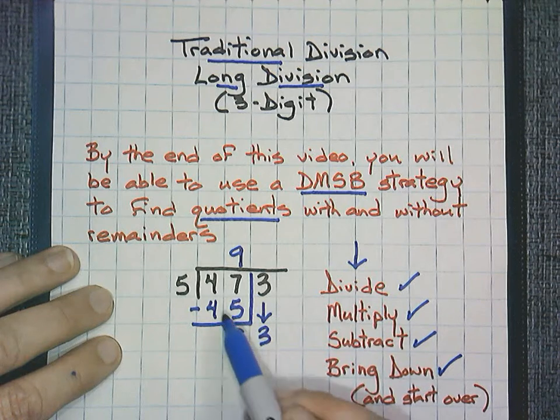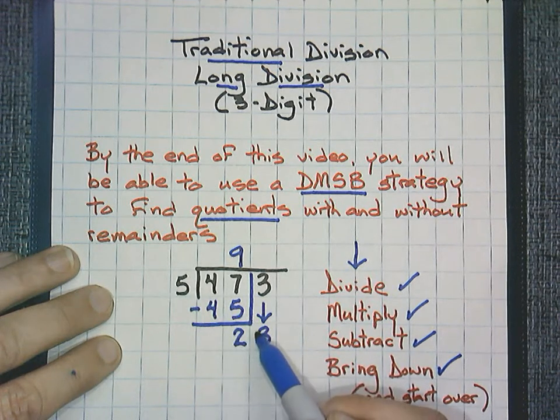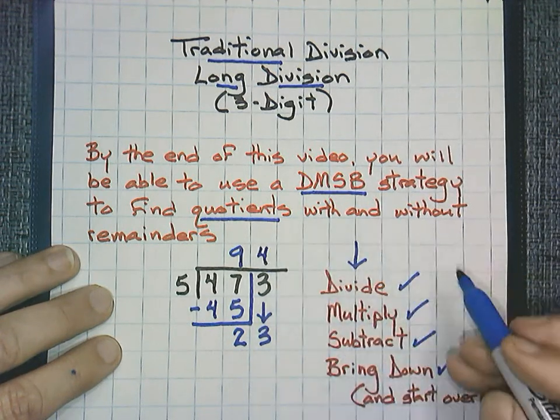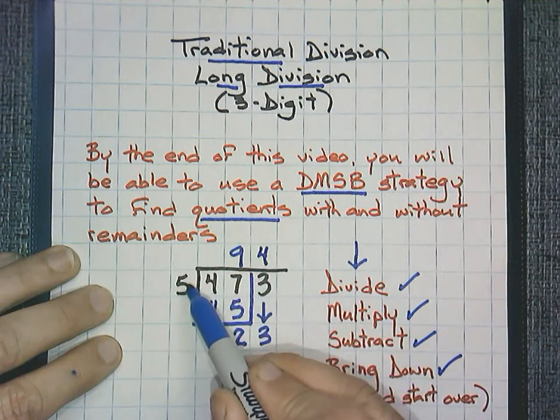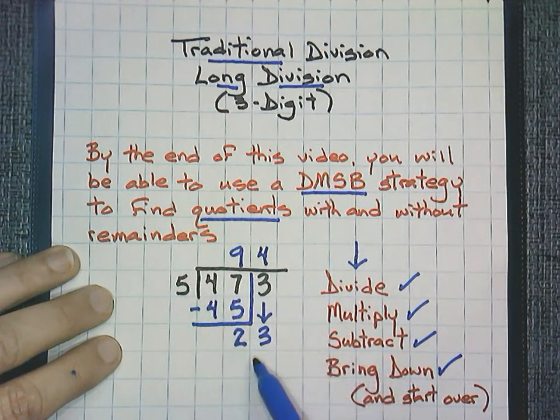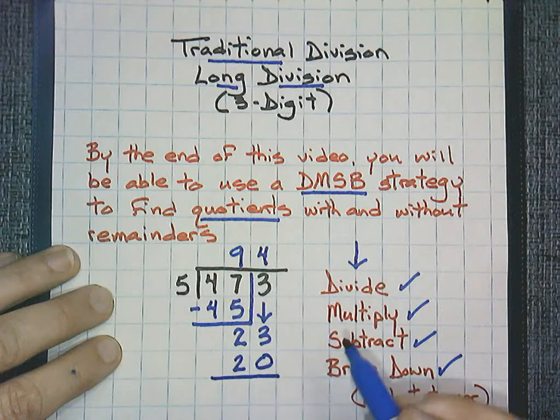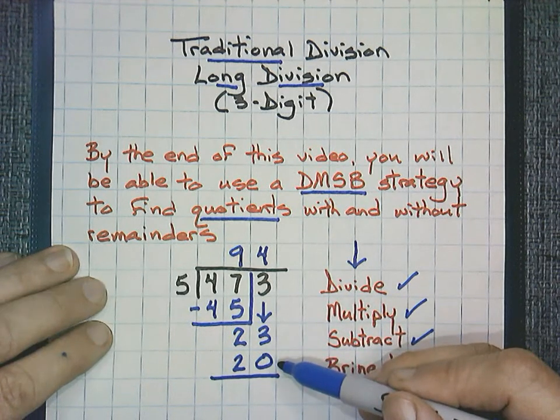23 divided by 5. Well, the best I can do with that is 4. Then I multiply. 4 times 5 is 20. We didn't get to 23, but we got pretty close.